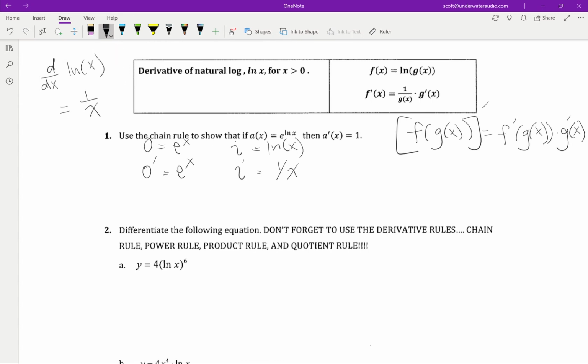So using my chain rule, e to the x, where I plug in the inside function, e to the natural log of x, times the derivative of the inside function, which is 1 over x. We know e to the natural log of x cancels to just be x, so I have x times 1 over x. The x's will cancel, and I just get 1.